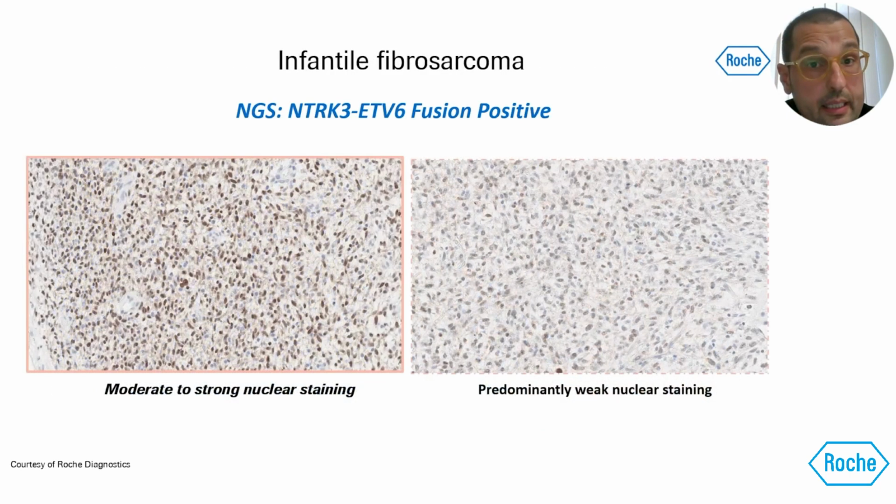Another example is infantile fibrosarcoma with again nuclear expression. The image on my left side shows diffuse and strong nuclear NTRK expression, while the image on my right side shows predominantly a weak to moderate nuclear expression of NTRK3 protein.